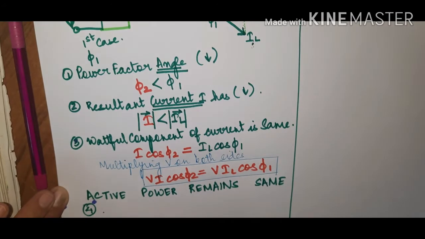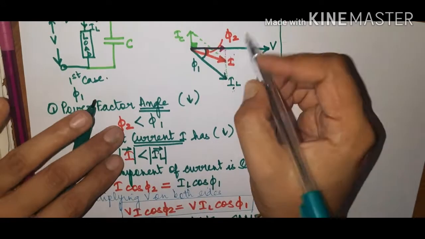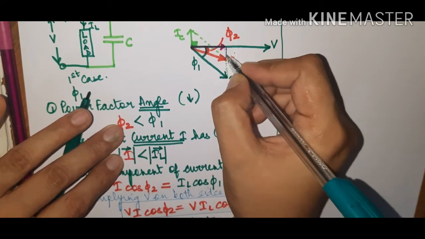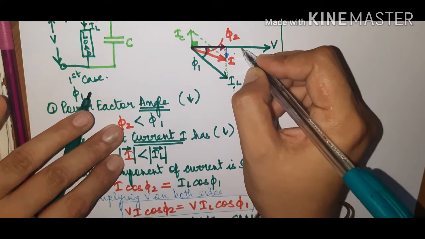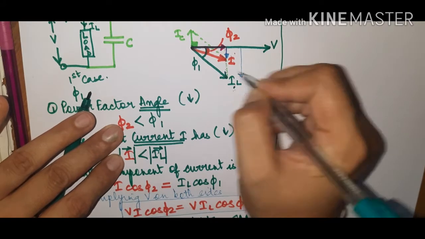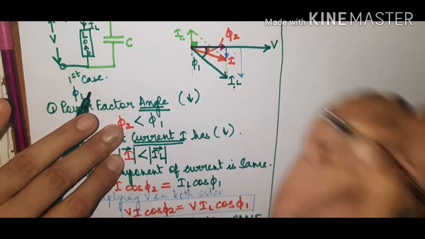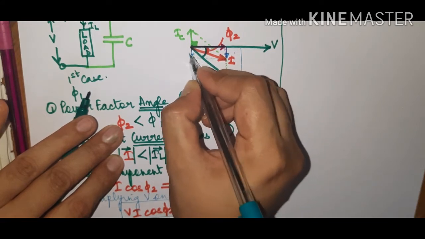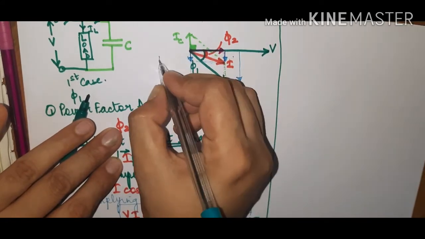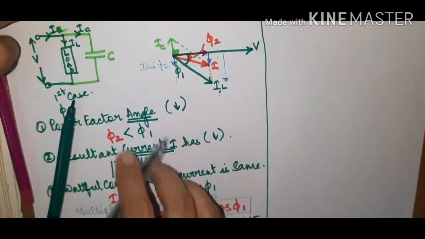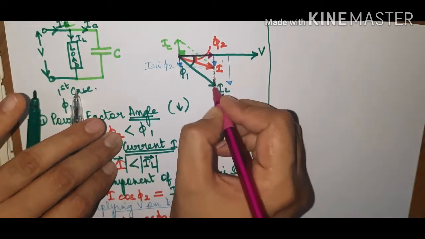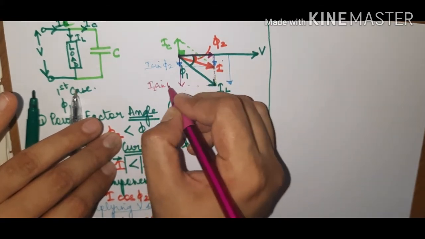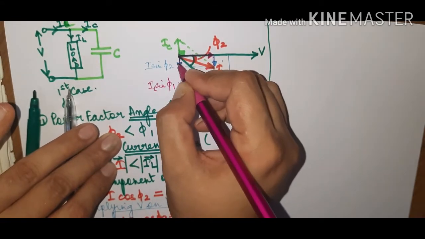Now the fourth point is very important: although the active power remains the same, the vertical component of I is much smaller than the vertical component of IL. If you resolve I into its vertical component, this is I sin phi 2, and this entire one is IL sin phi 1, and the magnitude of I sin phi 2 is so small.